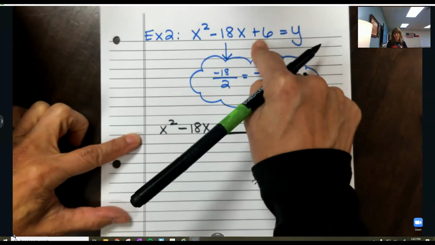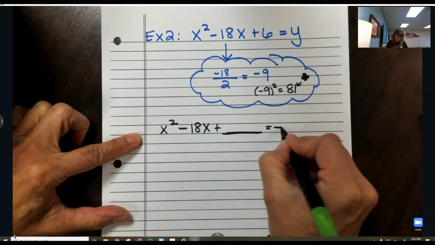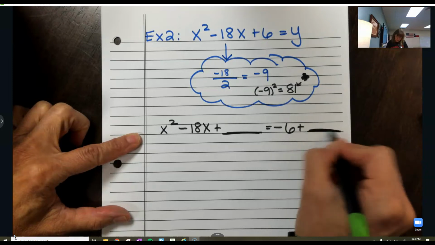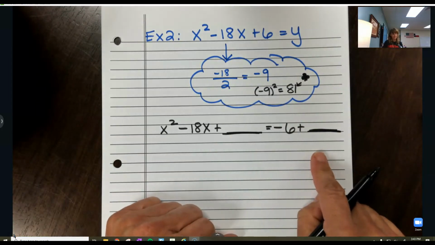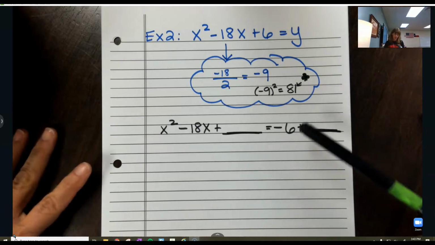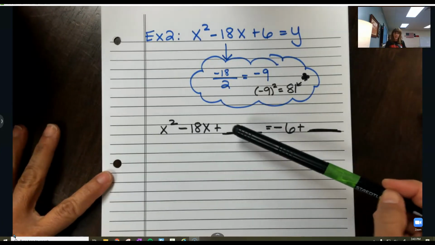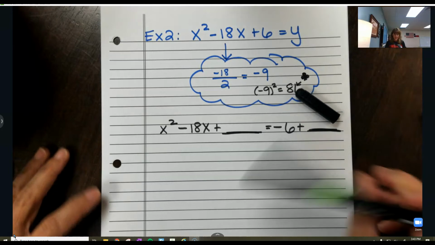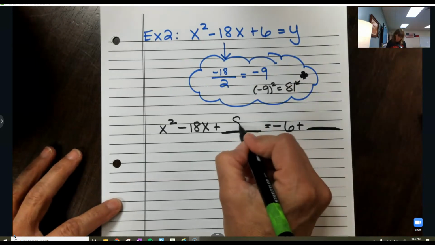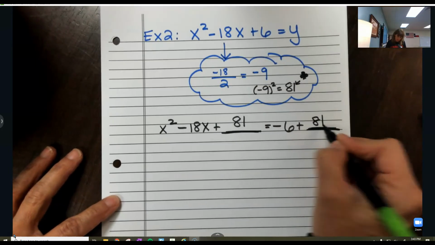Remember that he was in the way, so it's getting pushed to the other side. Remember, it's an equation. Whatever value I put here, I have to put the same value on the other side. Now remember, the club, the value that I made space for, is after you square it. So the 81 goes there. 81 goes here. 81 goes here.